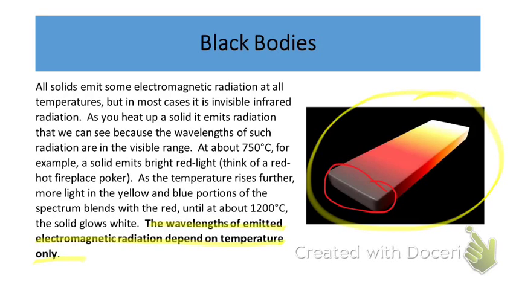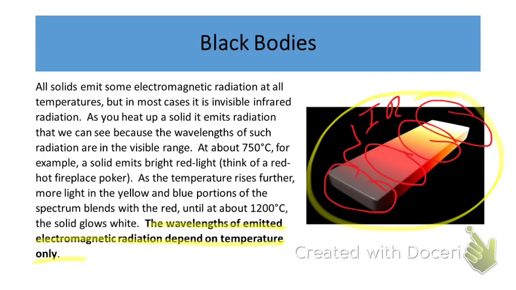Now there is light being emitted from this end, but it's going to be emitted as infrared. So you can have lots of infrared in that region. And then as the temperature increases, we get the red light, and then we get the yellow, and then finally we have the glowing white light, which tells us that all colors are being emitted at that time.